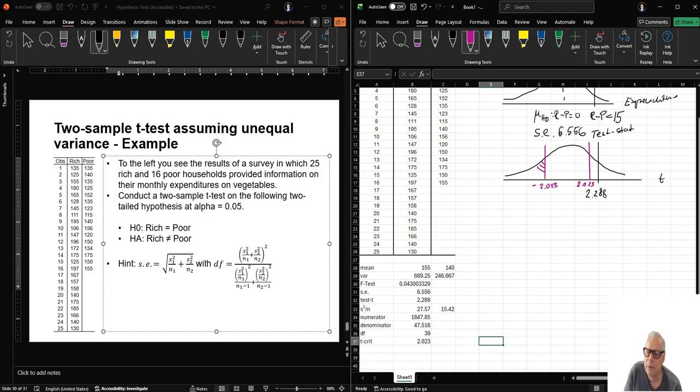In each of those corners or pockets we have 2.5% probability, and we can see that our test statistic of 2.288 clearly falls into the rejection zone, because this is the rejection zone and this is the rejection zone.